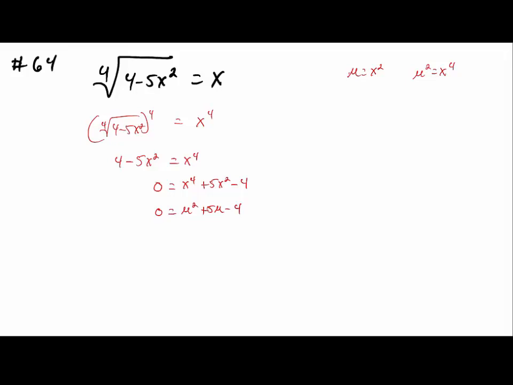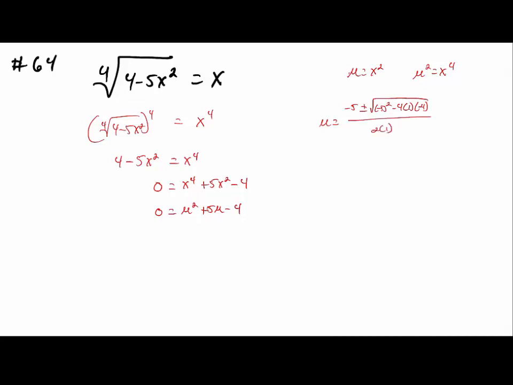And so what's going to happen here is that we're going to say, okay, so here what we have is the following. We have that u is equal to, using this information here, -5 plus or minus the square root of -5 squared minus 4 times 1 times -4, all over 2 times 1.